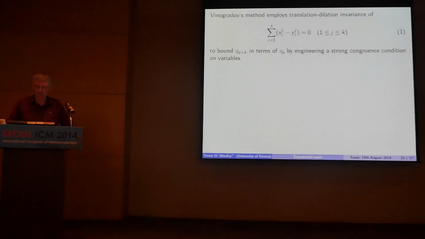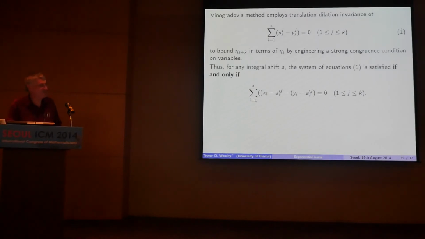What else? Well, this is an important point that I want to emphasize: translation invariance. The important feature of Vinogradov's mean value theorem, the system of equations, is that it is translation invariant. What do I mean by that? If I have a solution of the system of equations we've been talking about, and I shift all of the variables by an amount a, then this is still a solution of the system.